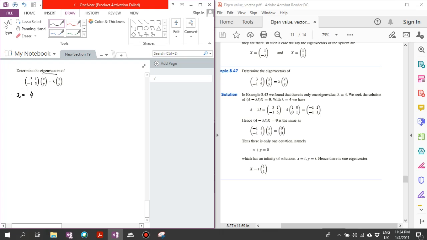So the formula is A minus lambda I times x is equal to 0.